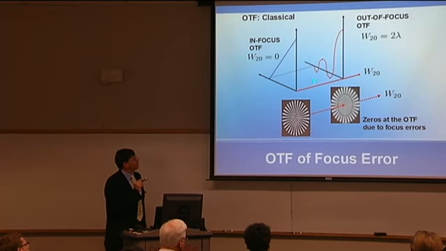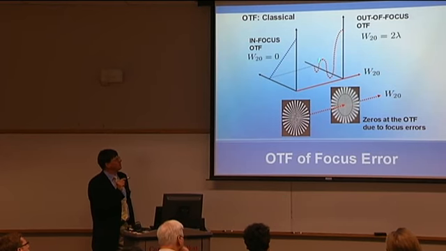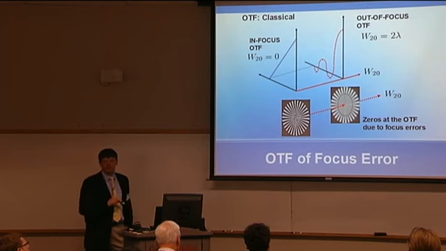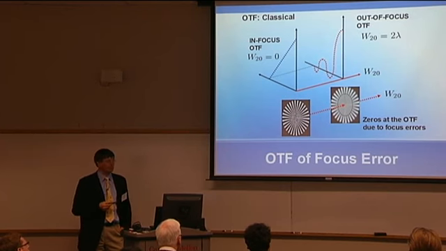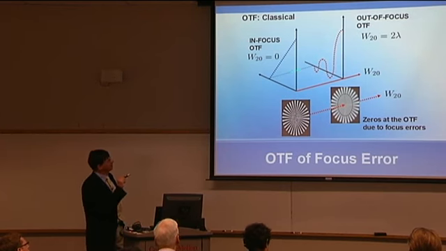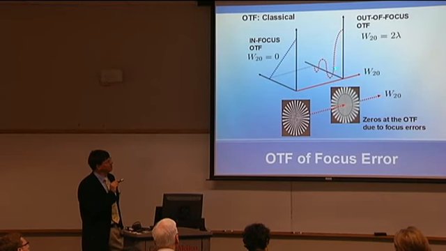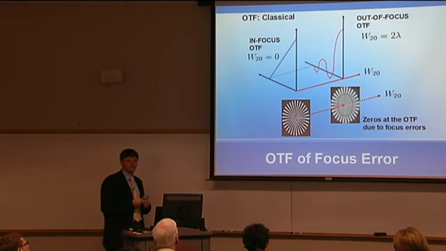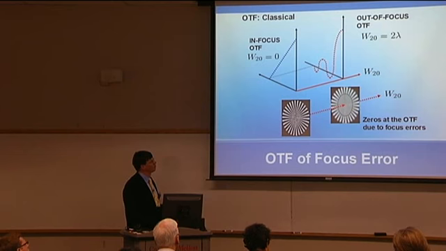Now, we could think about recording an image with this OTF and then using some sort of inverse filter, but that still does not mean that we have an extended depth of field, and it presents a lot of difficulties where this transfer function gets to 0. We cannot really invert this easily.